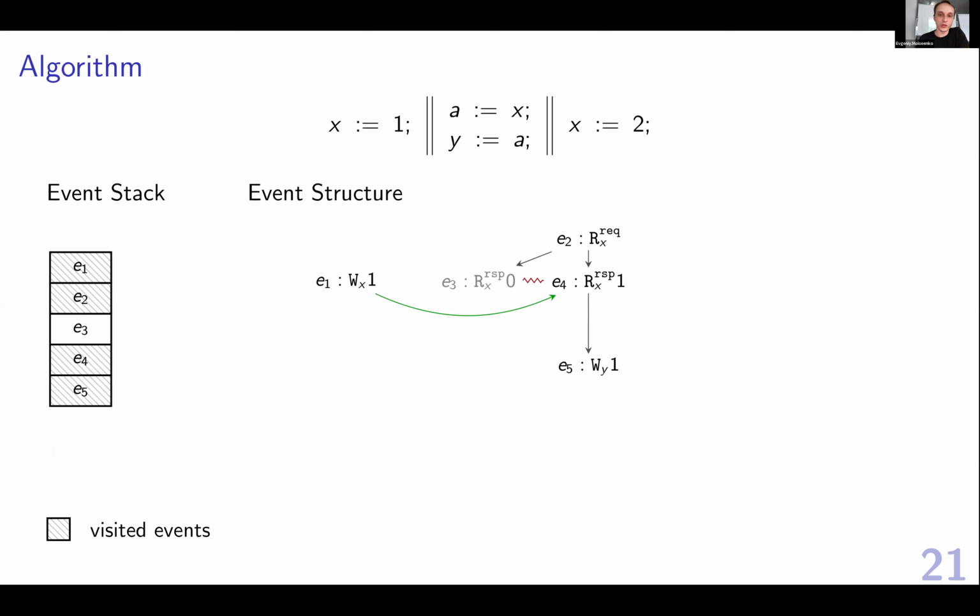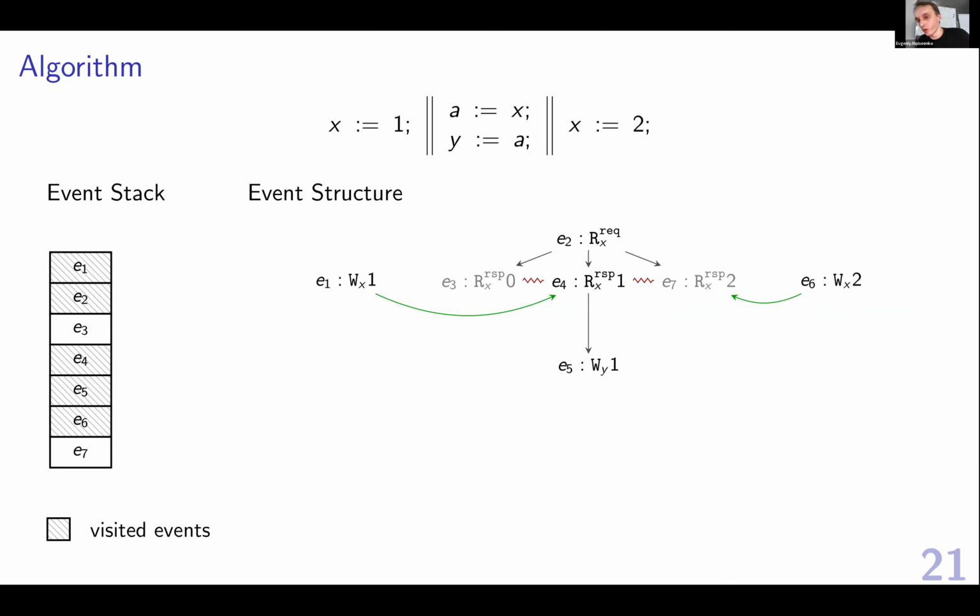independent of the actual semantics of the threads. Here we use a concrete interpreter for threads, and we just get concrete values. But essentially we can do the same while interpreting the threads symbolically, and instead of concrete values in our events, we would have symbolic values.